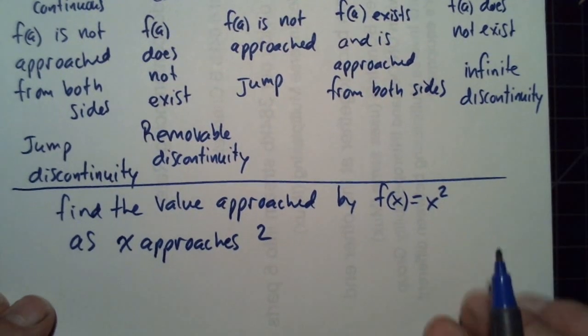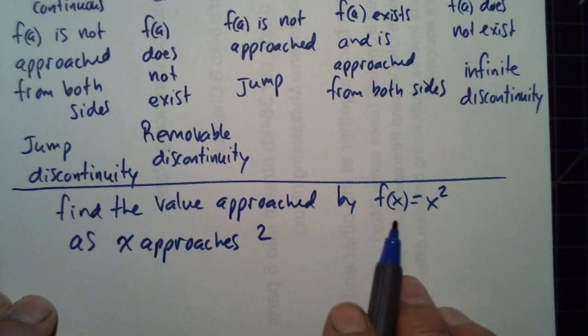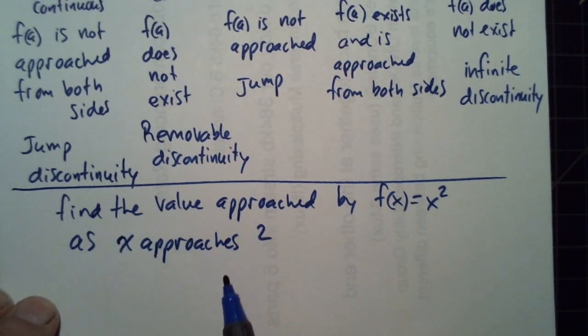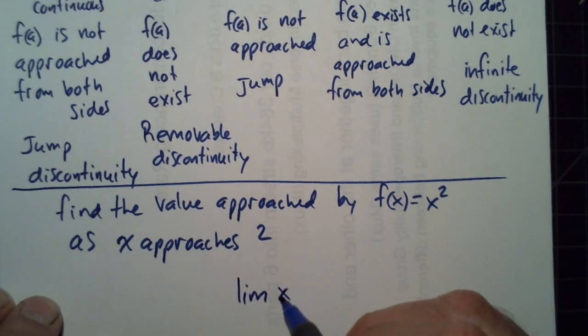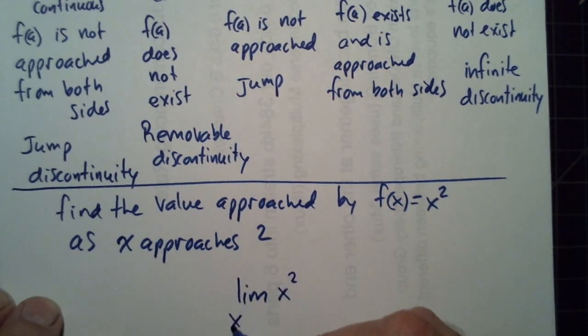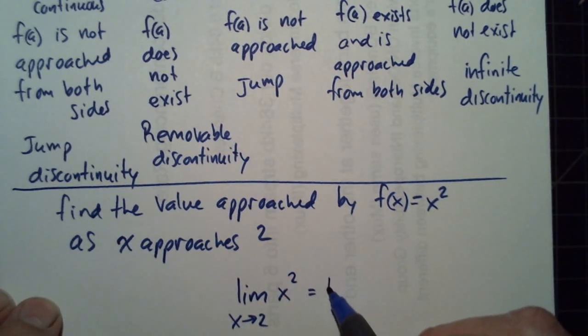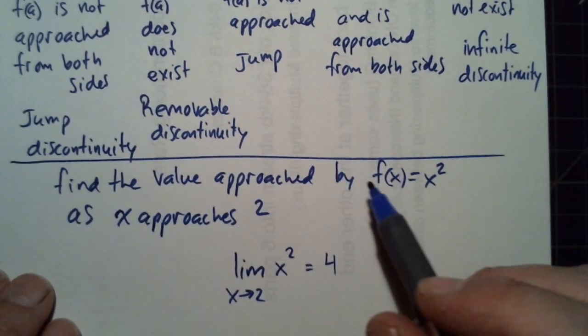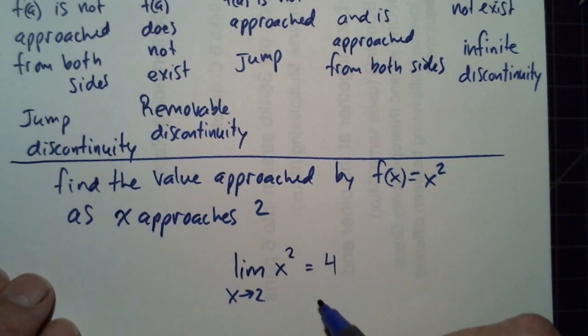Find the value approached by the function as x approaches 2. We can write that like this. Find the limit of x squared as x goes to 2. And we know that the function is approaching the y value of 4. So that's how we can have all these words put into these symbols in this statement.